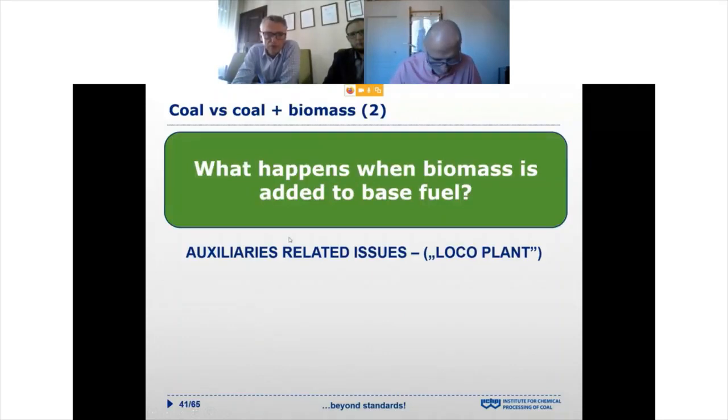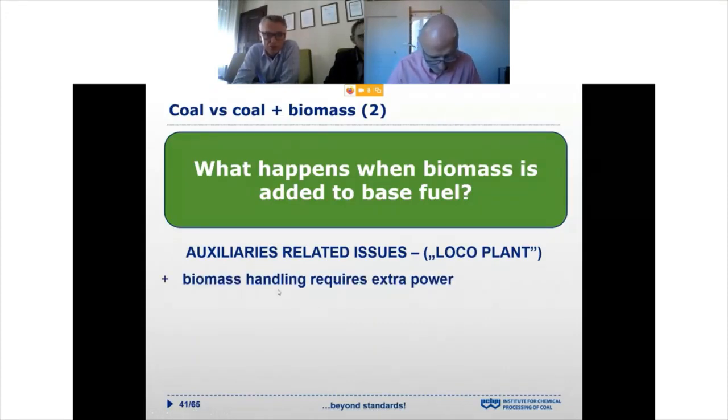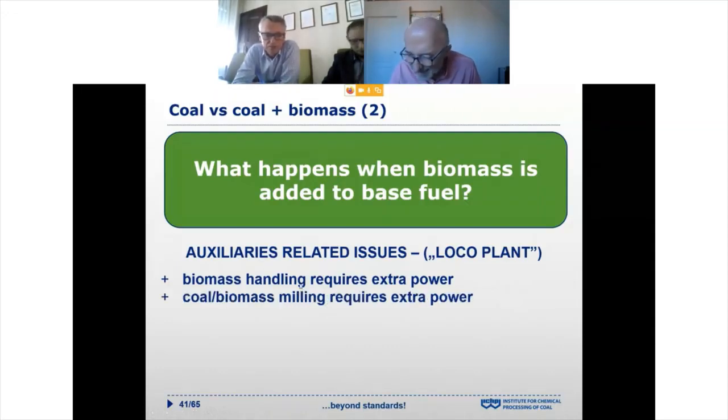Another group of things are those related to the auxiliaries. These are extra elements which should be considered in the plant, maybe not related directly to the boiler or the combustion issues. The biomass handling needs extra power, because when we add biomass handling systems, we have to use extra electricity. So we have this extra consumption.